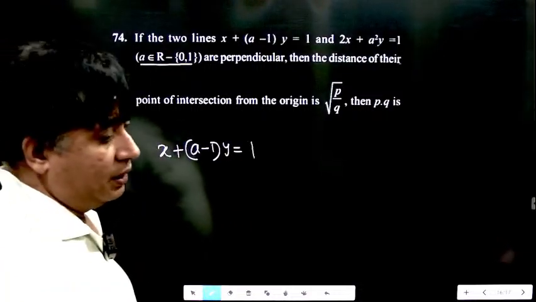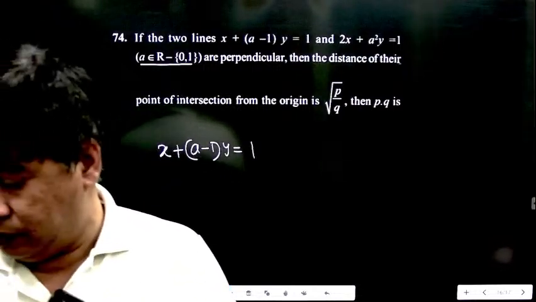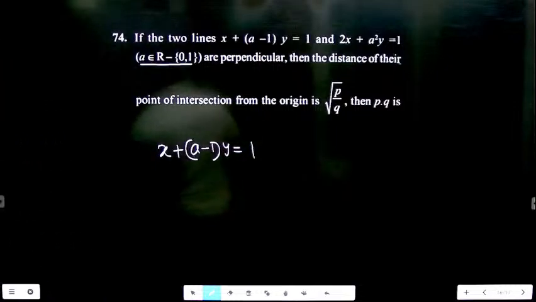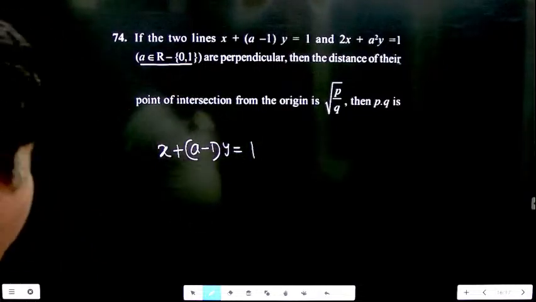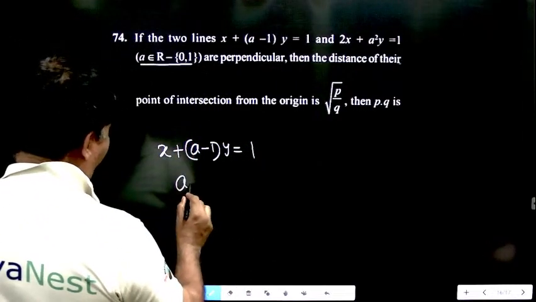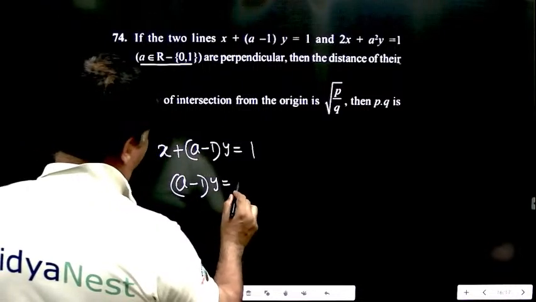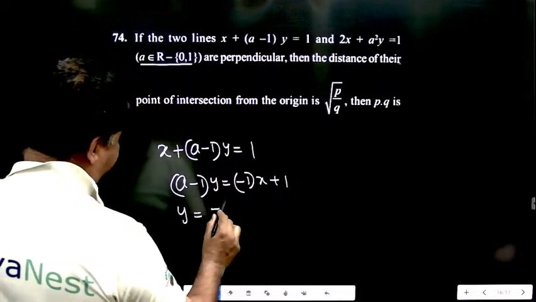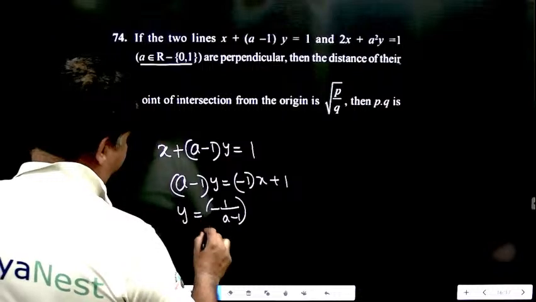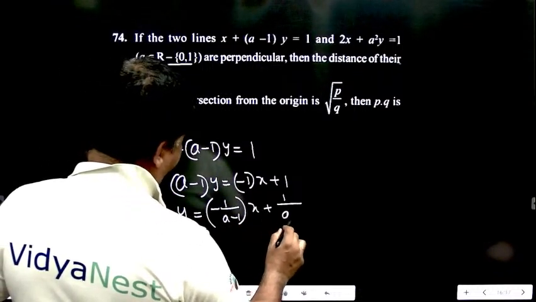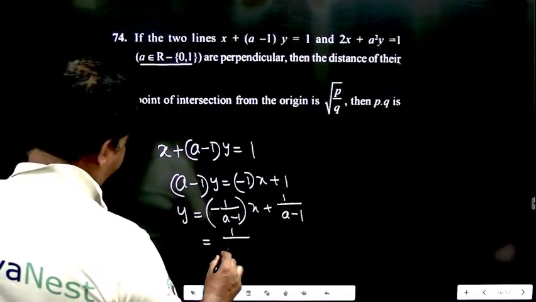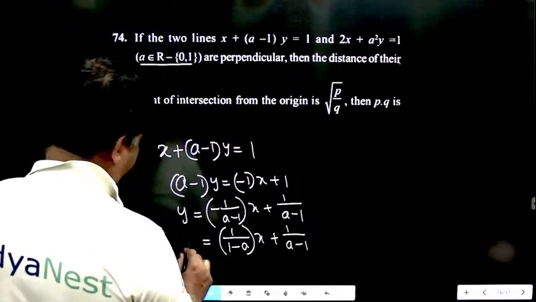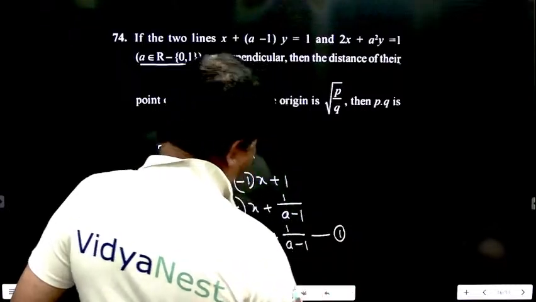So you convert it into y is equal to mx plus c. This is equation number 1.